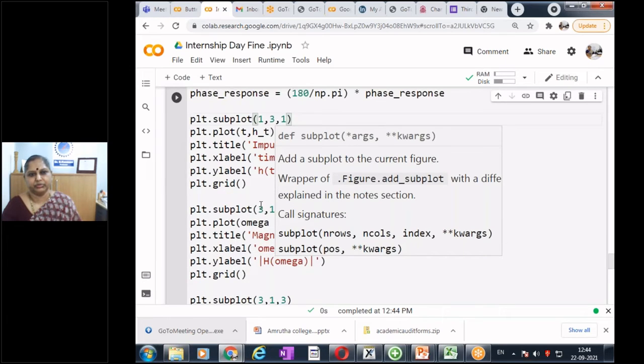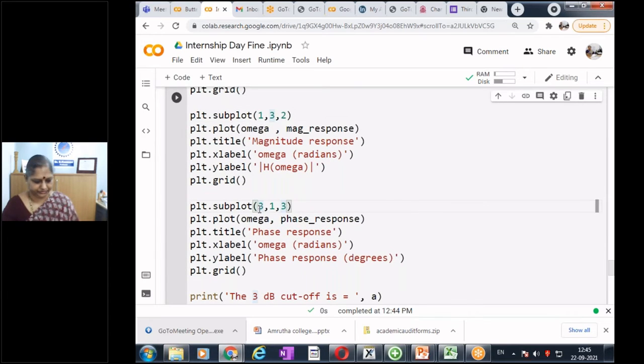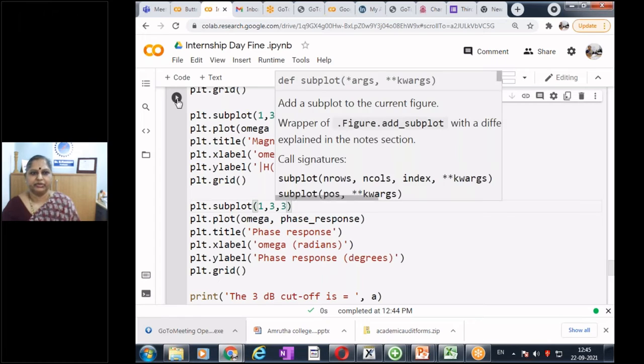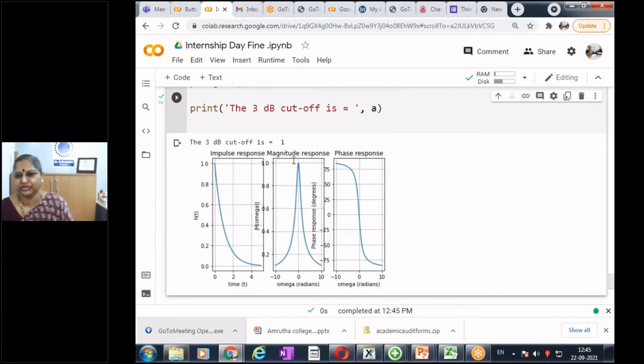Let's run it and have a working code, because I'll be sharing this code. So from the frequency response, this is a low pass filter.